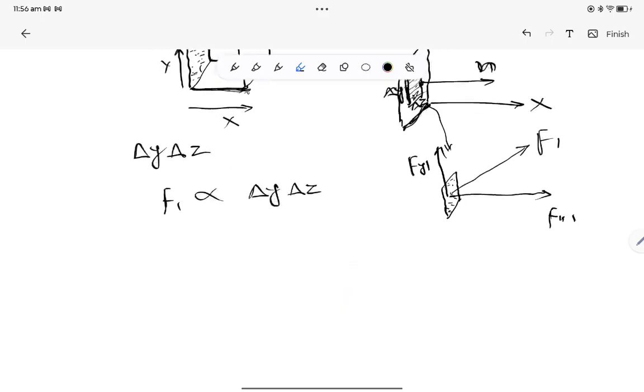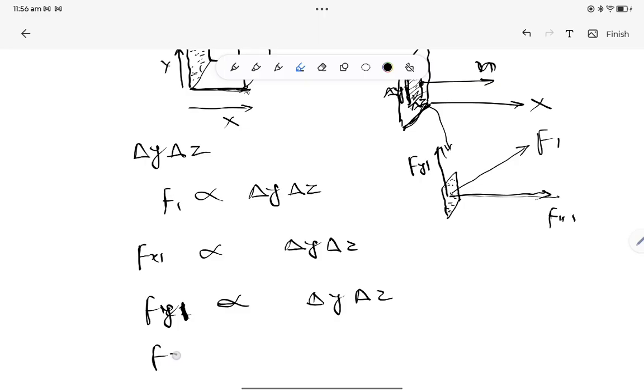So we can resolve this F1 into three components. Fx1, which acts in this direction, is directly proportional to delta y, delta z, the area of this. Fy1 is directly proportional to delta y, delta z, and Fz1 is directly proportional to delta y, delta z.